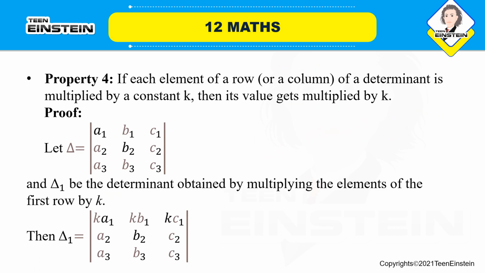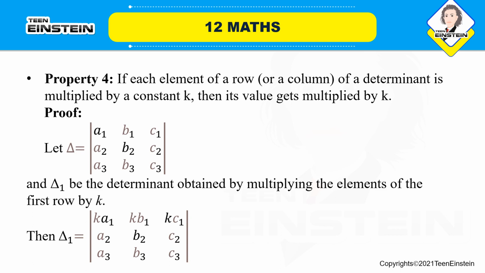Now I move on to property number 4. What is property 4? Property 4 is if each element of a row or a column of a determinant is multiplied by a constant k, then its value gets multiplied by k.